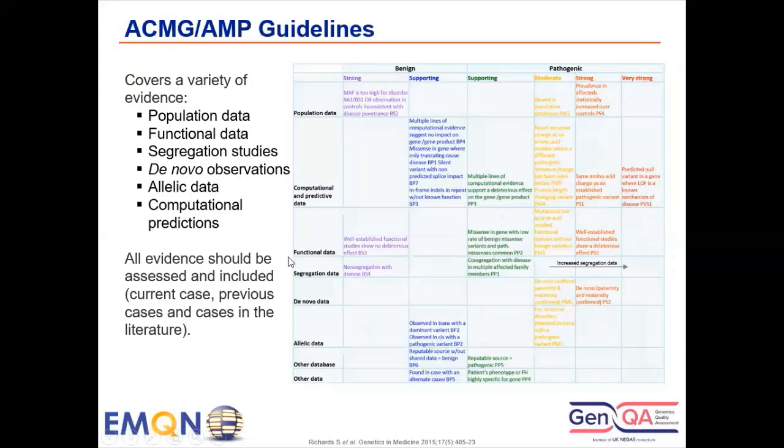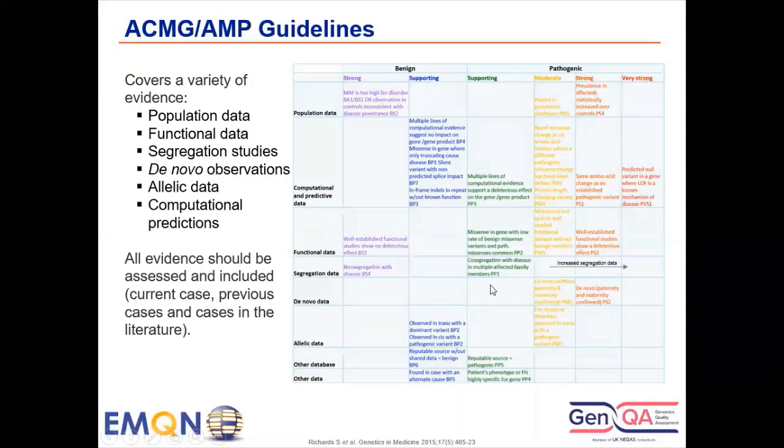There are also functional data that can be taken into account, but they only weigh very strong if the variant has been found to be pathogenic or neutral in very well established functional studies.